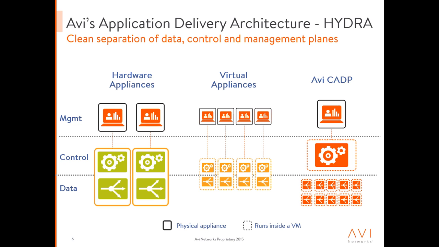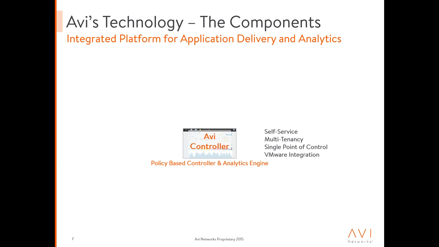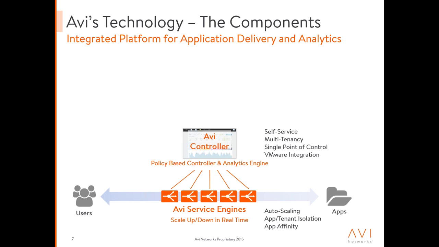Avi has dramatically changed that. We are industry's first software-defined networking architecture for application delivery. We have combined the brains of these disparate appliances, these potentially dozens of appliances in your environment, into a single controller, which is key to our cloud application delivery platform. The data plane is composed of what we call service engines.